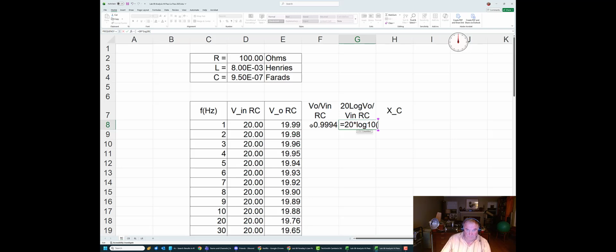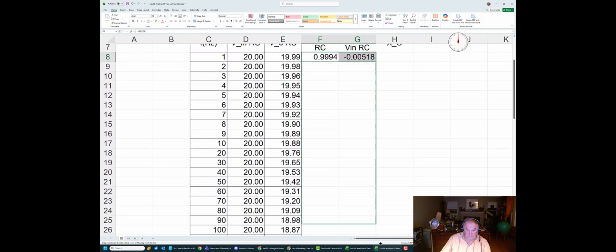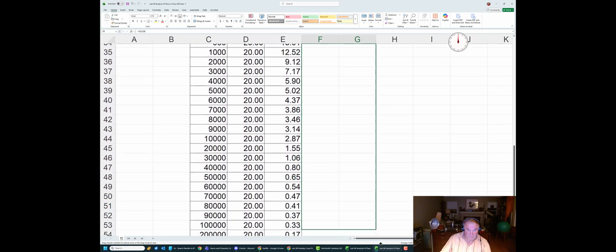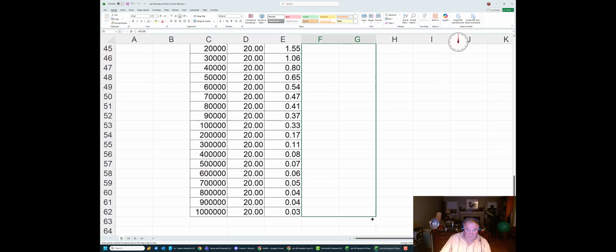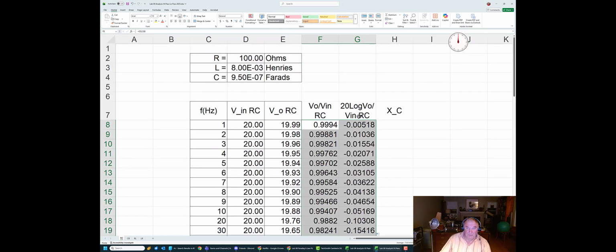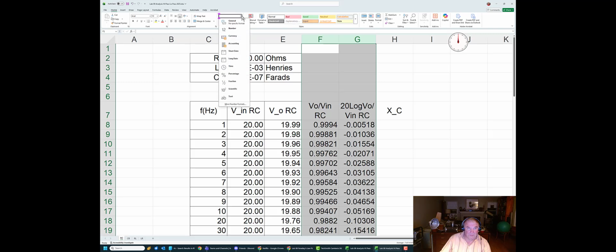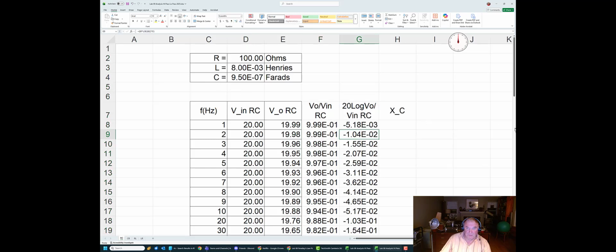Oh, it's this number. And close parentheses. And then we can fill. There we go. And we can make these look pretty. I don't know if number or scientific looks best. Let's see. Yeah, I like that.